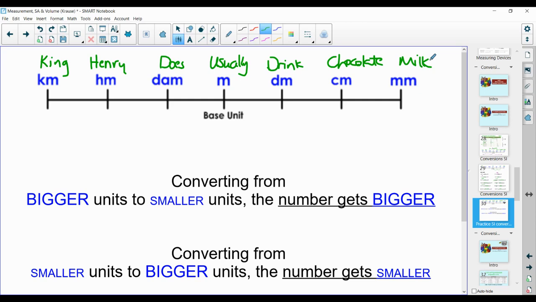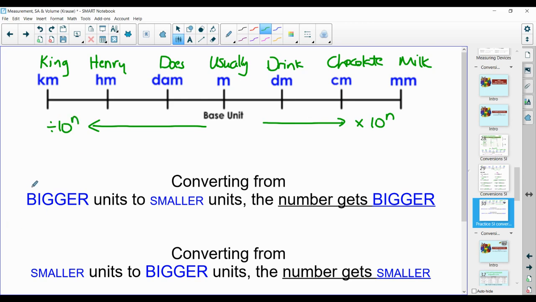However you remember it, if we go from king to milk, our units are going from bigger units to smaller units. And if we're moving from bigger units to smaller units, we want our number to get bigger, which means we're multiplying by factors of 10 or multiples of 10. And if we're moving from right to left, we want our numbers to get smaller, because as we go from smaller units to bigger units, our converted amount should get smaller. So we're dividing by multiples of 10.